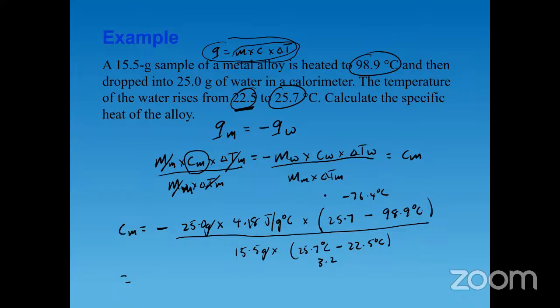So that means that 25.7 degrees Celsius minus 98.9 gives 73.2. So let me erase this here.